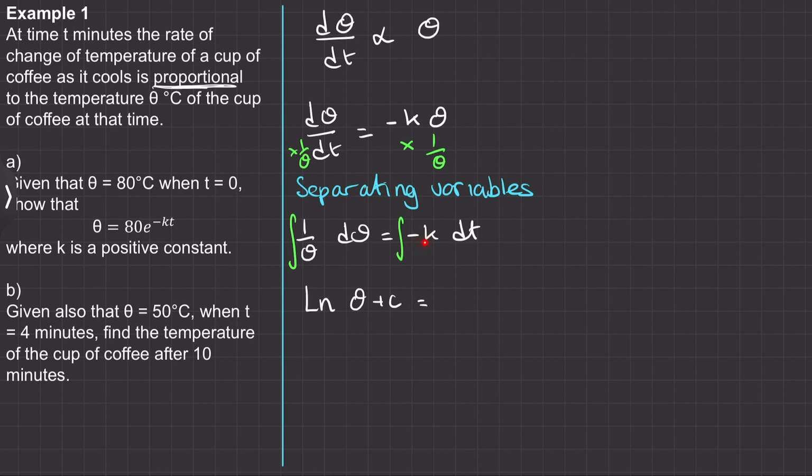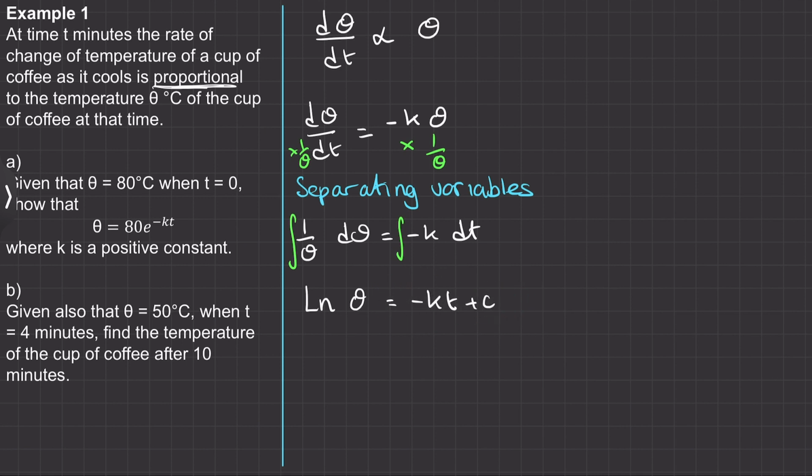And because negative k is a constant, we can move this outside of our integral sign. When you integrate 1 with respect to t, you get t, so this becomes minus kt plus a constant. And I can put both of these constants on one side, so we'll just have a bigger constant that represents both of them. So I'll rub this out and move that over there.